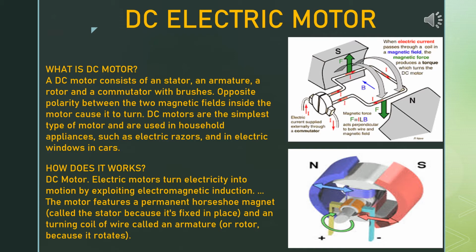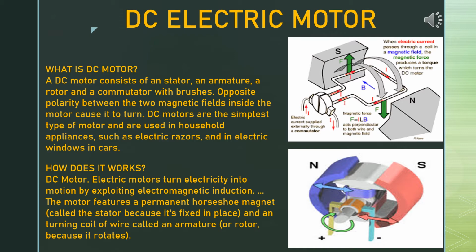A rectangular coil of wire mounted on a spindle can rotate about a horizontal axis between two pole pieces of a U-shaped strong permanent magnet. The coil is called the armature and the magnet is the field magnet.